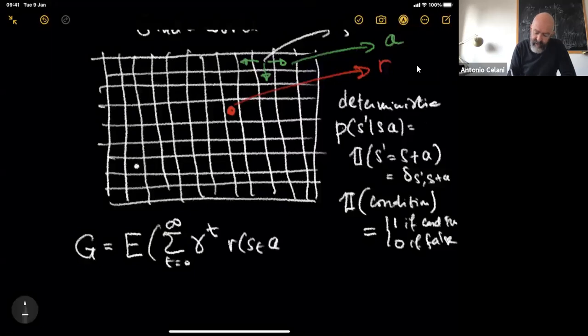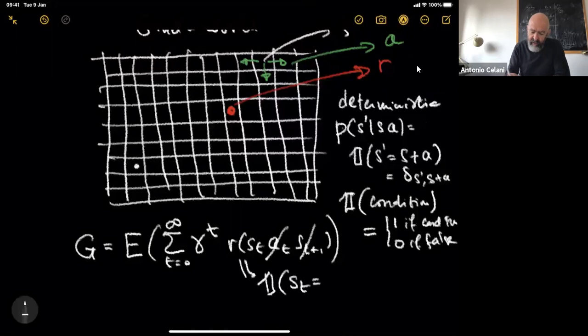Okay, so this is the general expression. Now, as you've seen here, the structure of the problem is such that this doesn't depend on the actions and doesn't depend on the new states. It just depends on where you sit. So it's a very simple structure of the reward function. And this object here is, again, 1 if S_t is equal to this target position, which let me call S hat.